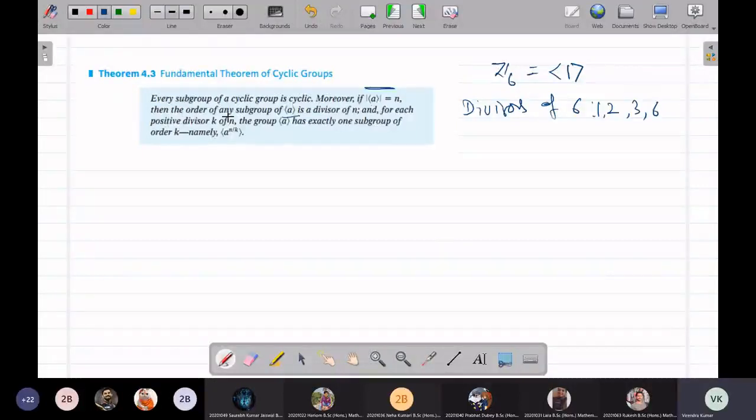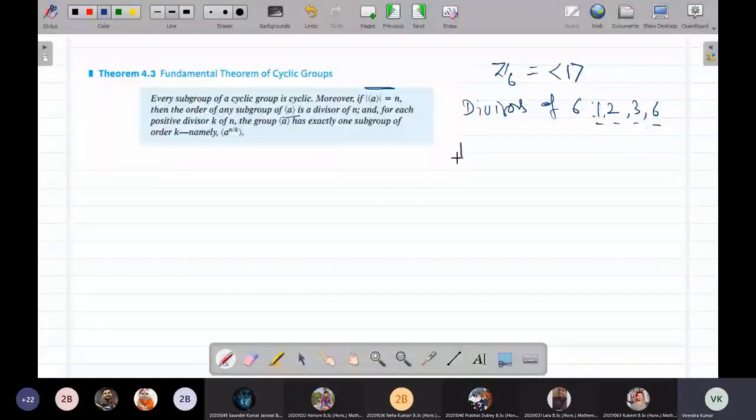Then the order of any subgroup of A is a divisor of n. So these are the divisors, and what are the subgroups? They are exactly one for each divisor.